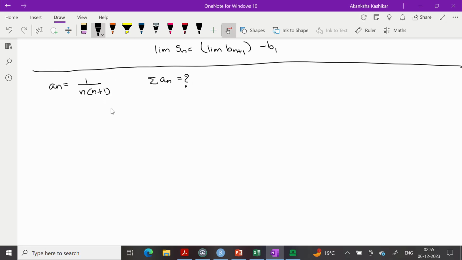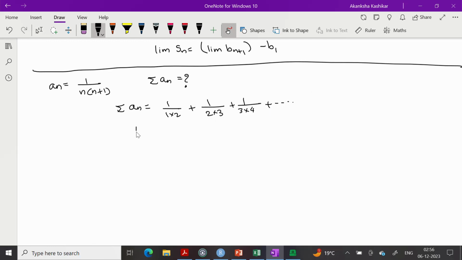If I directly write summation an, then it is 1 upon 1 into 2 plus 1 upon 2 into 3 plus 1 upon 3 into 4 and so on, and it seems a bit difficult to get this limit.